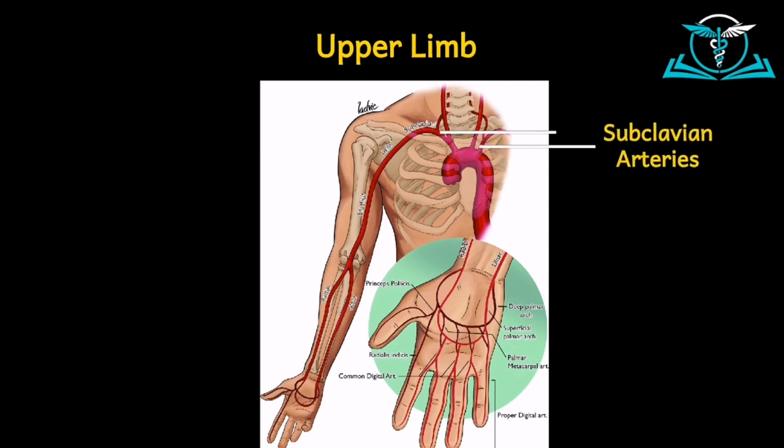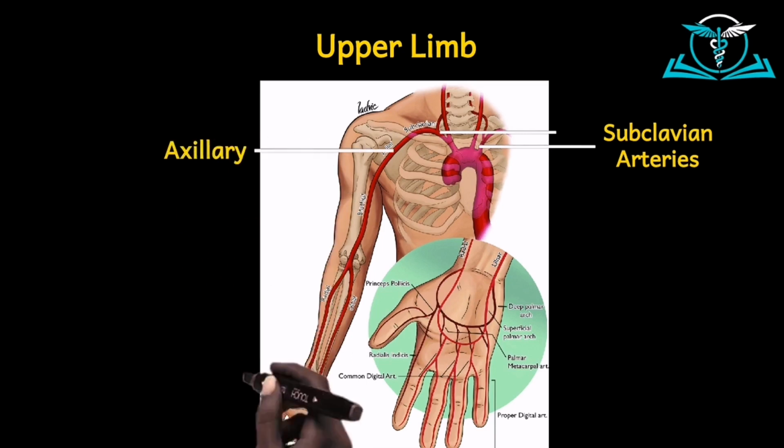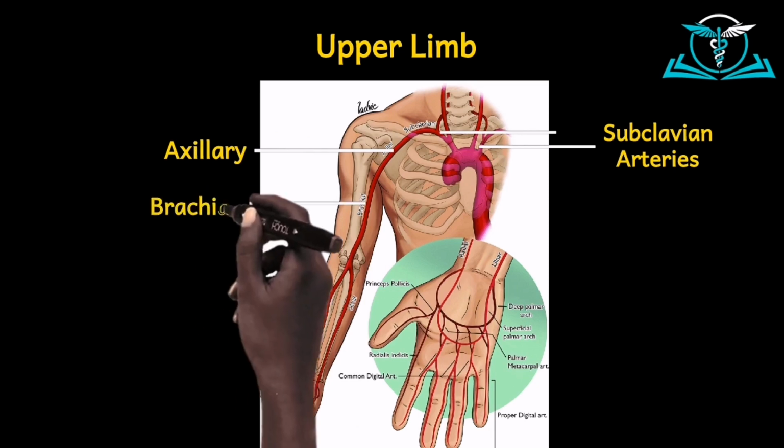Now let's follow the right subclavian down its course. Remember that subclavian means it passes under the clavicle, so it passes under the clavicle into the armpit. At the point where it exits under the clavicle, the subclavian changes to become the axillary artery. Then the axillary artery goes on, and once it crosses the teres major muscle, which is not so important to keep in mind, it becomes the brachial artery.